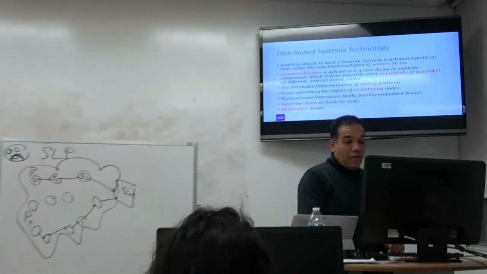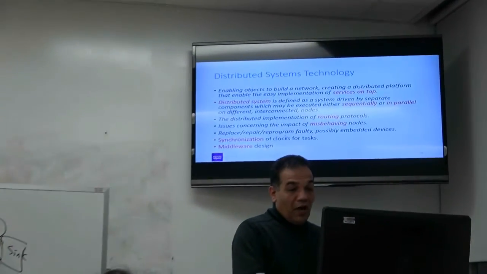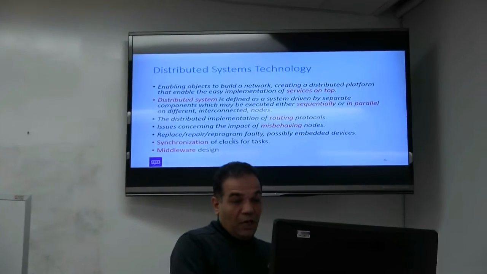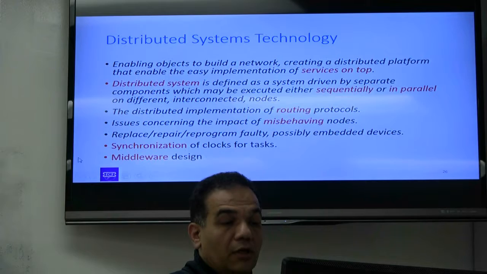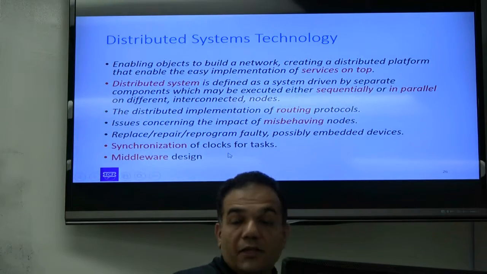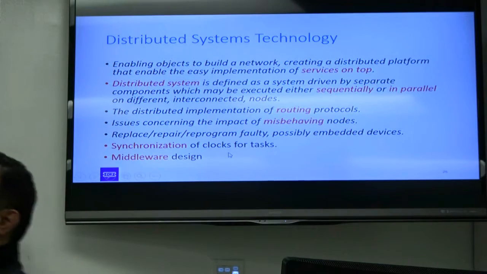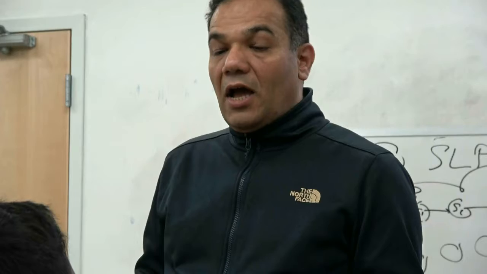Replace, repair, reprogram faulty, possibly embedded devices. Synchronization of the clocks of tasks. This is a major thing. You have thousands of devices, each by itself. How do they communicate? They have to be synchronized in time. Well, there is time drift.